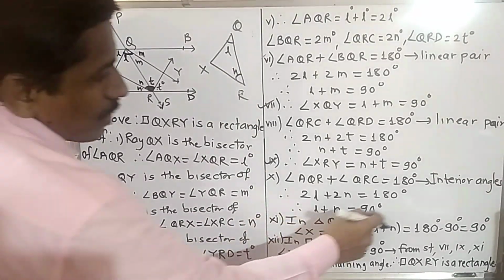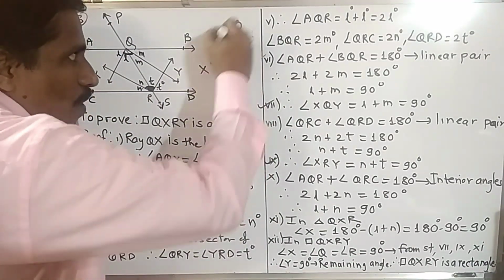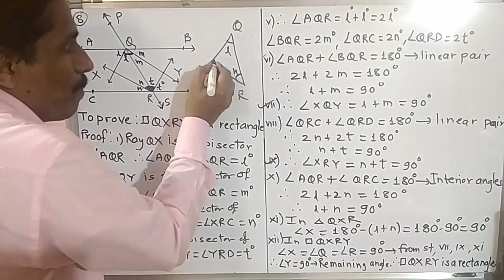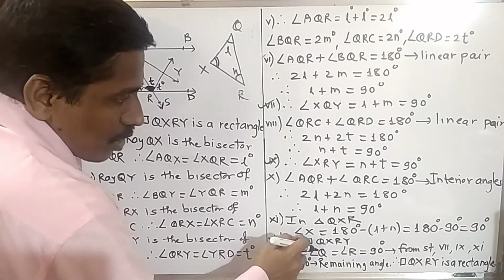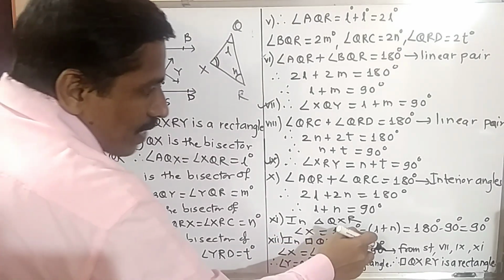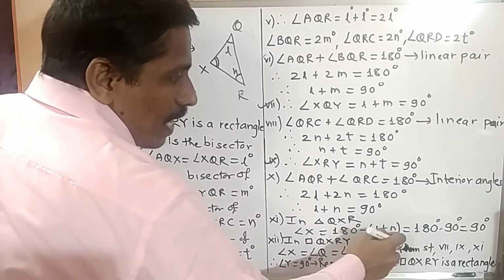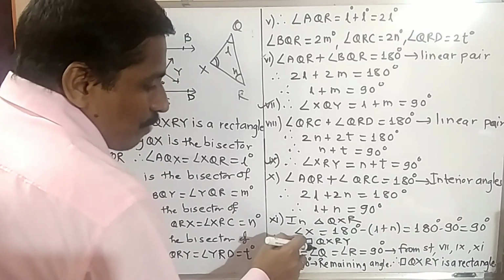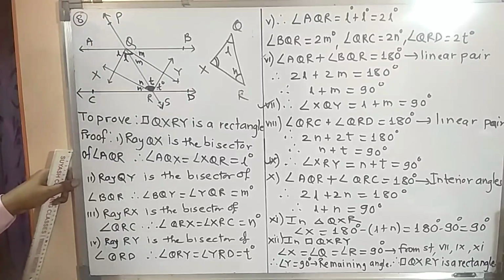L plus N is equal to 90 degrees. The sum of measures of all angles of a triangle is 180 degrees, which gives me the measure of angle X is equal to 180 degrees minus (L plus N). But how much is L plus N? L plus N is 90 degrees. Therefore, measure of angle X is equal to 180 minus 90, which is 90 degrees.